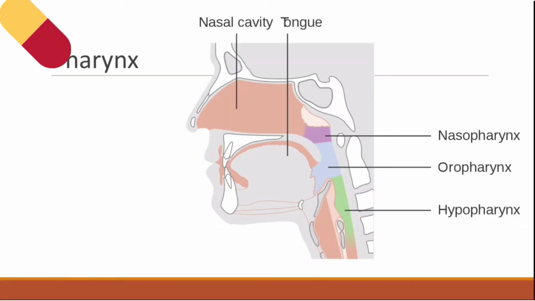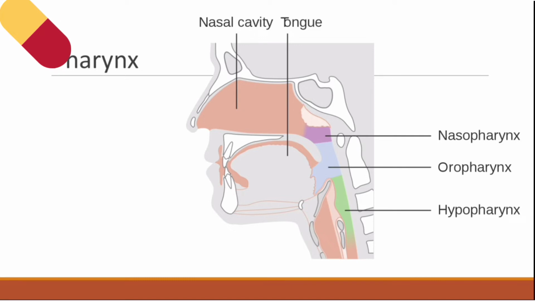So coming to the next important structure in the human respiratory tract, which is the pharynx. The pharynx is basically a muscular tube which lies behind the nose, the mouth, as well as the larynx. And it connects the oral and nasal cavity to the larynx as well as the esophagus.